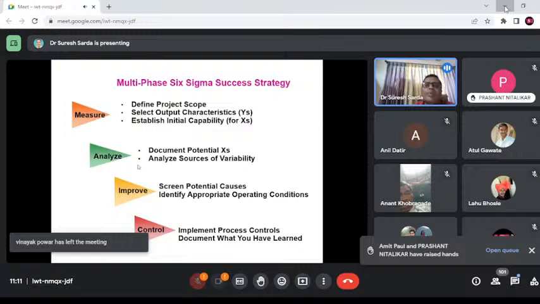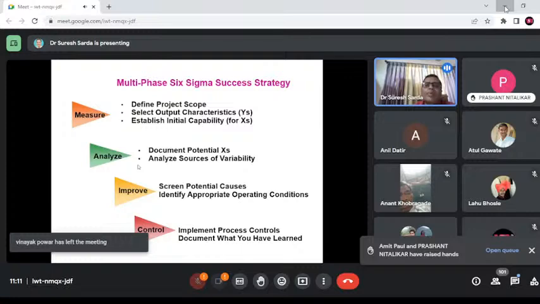So you have to learn to measure. As I said, it is quantitative techniques. Unless and until you learn to measure things, you can't proceed. Everything should be measurable. Then analyze: you have to analyze the causes of variation. Why is variation there? For that you can have a number of tools like the fishbone diagram or Ishikawa diagram, then failure mode and effect analysis.